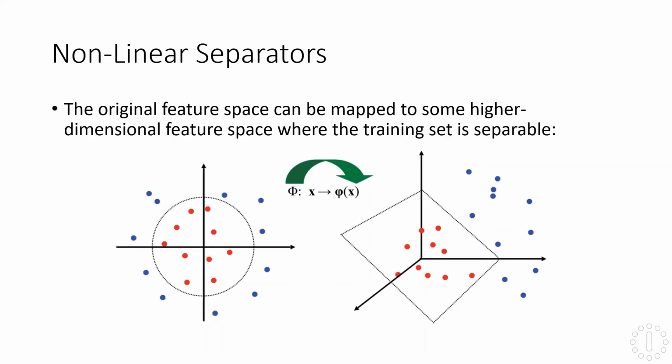For example, here in the picture on the right, we have this plane on which we can separate the red dots from the blue dots, or one class from the other.